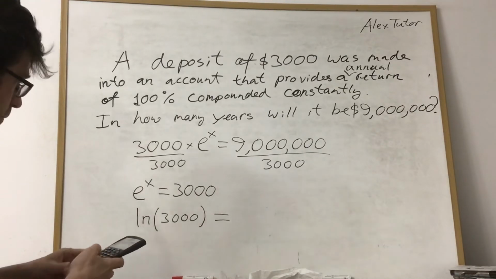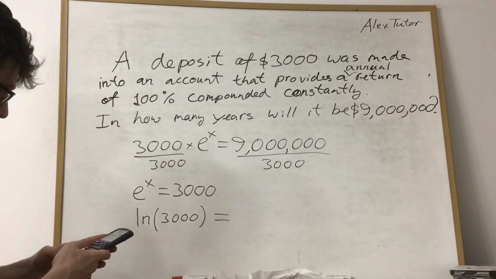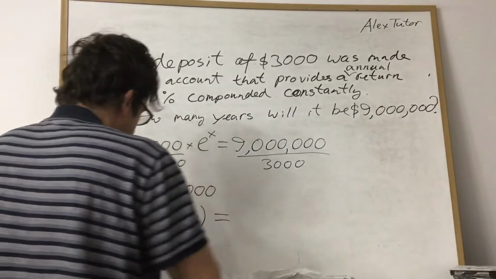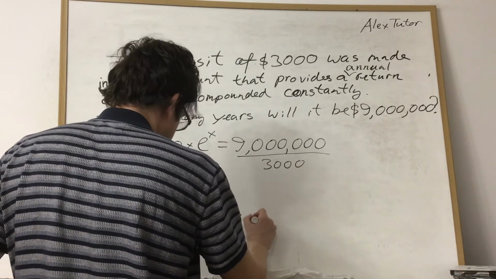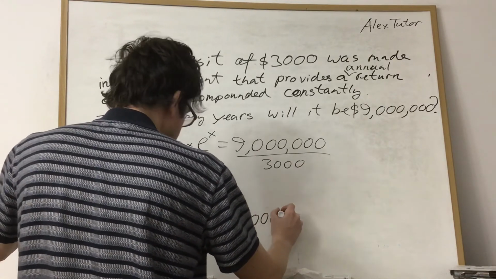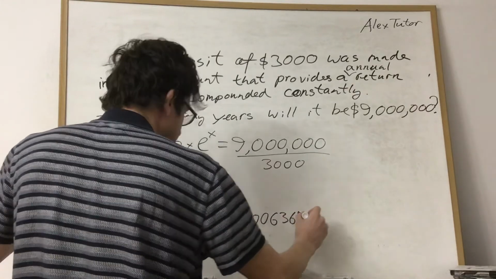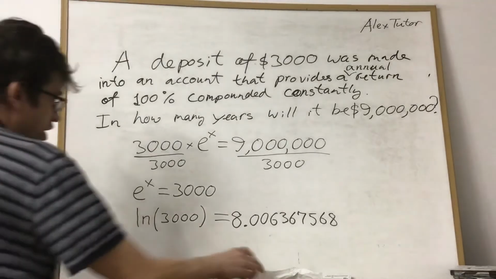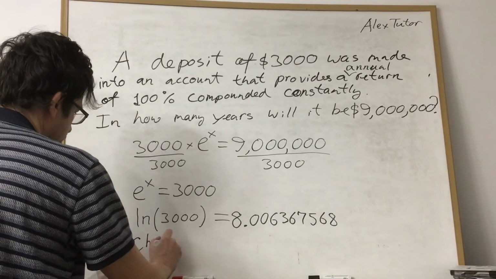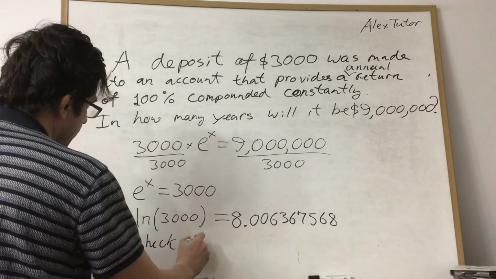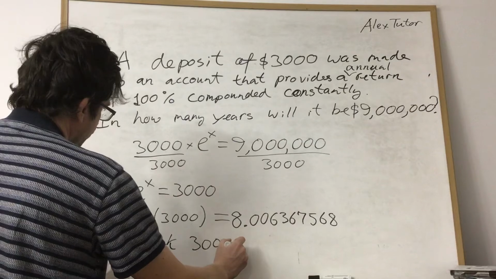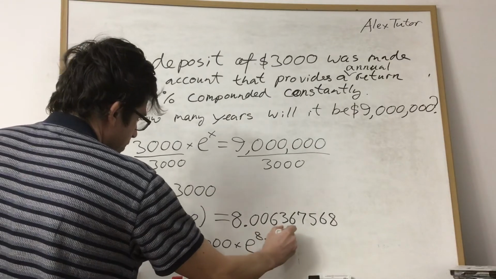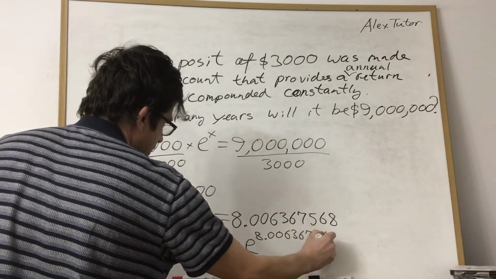Let me use a calculator. ln of 3000 equals about 8. Let me be more precise: 8.006367568. Let me check it. I take $3,000 and multiply it by e to the power of 8.006367568.